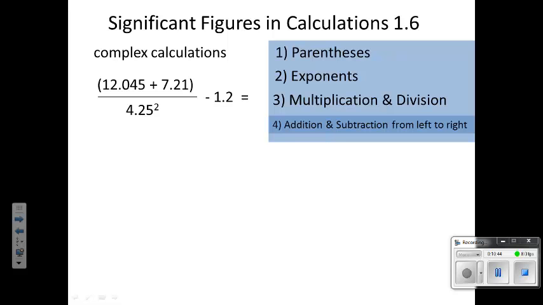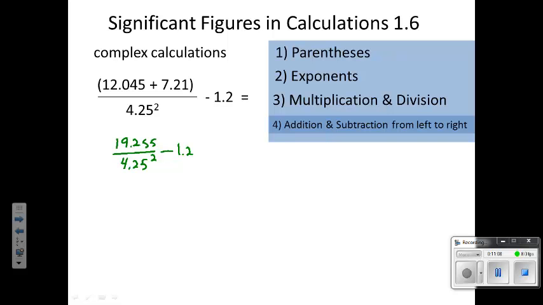So here, the first step would be the one between the parentheses. 12.045 plus 7.21 is going to be 19.255, and 4.25 squared minus 1.2.